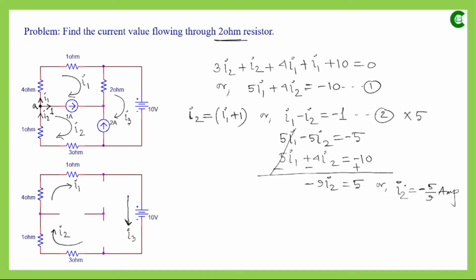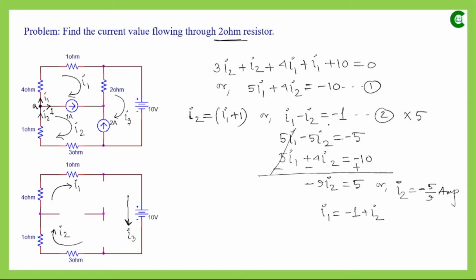We have obtained the value of I2, but finally what we want to find is the current through this 2 ohm resistor, and I1 and I3 are the two currents associated with it. From the second equation, I1 is equal to minus 1 plus I2.